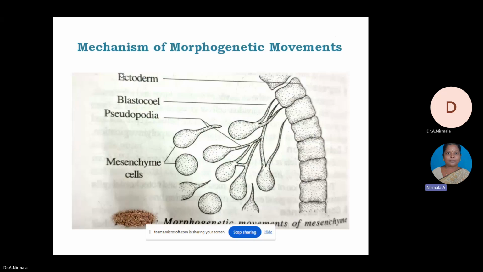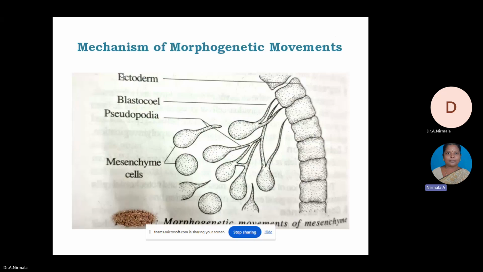This results in the change of the shape of the cells. As the inner ends of these cells expand and protrude in the vegetal pole, the cells are drawn inwards. This causes the formation of the archenteron. As the invagination is going on, the blastula is gradually converted into a double-walled gastrula.